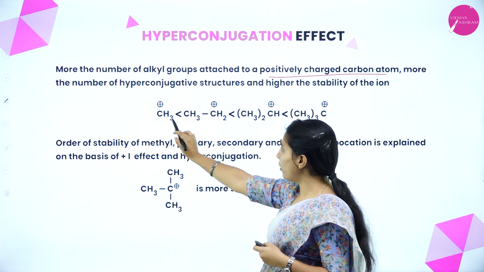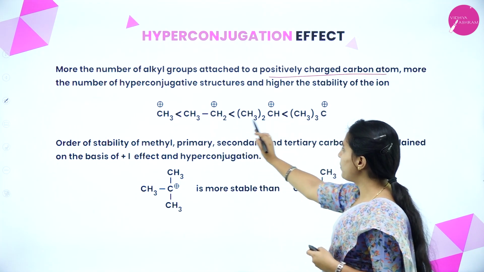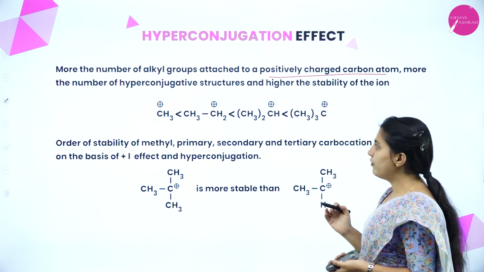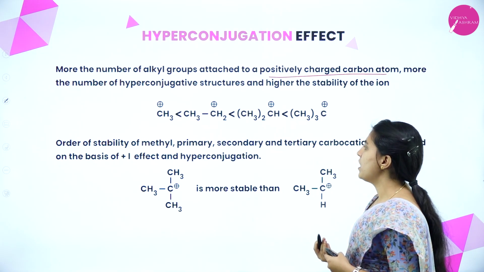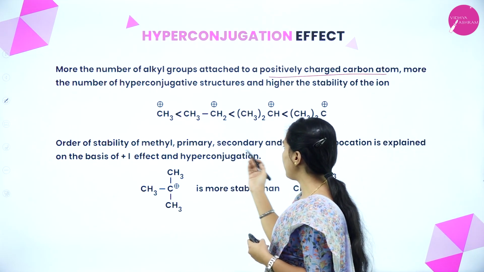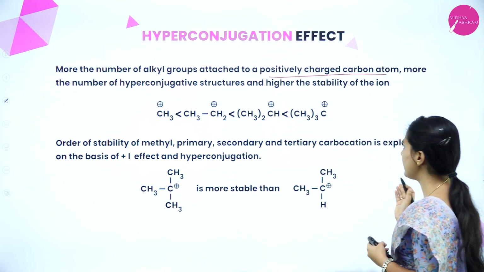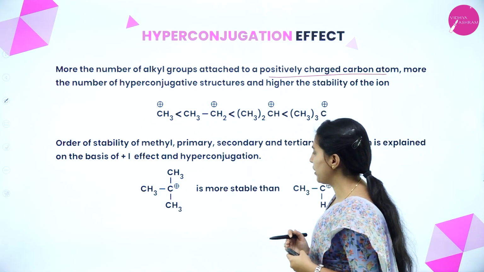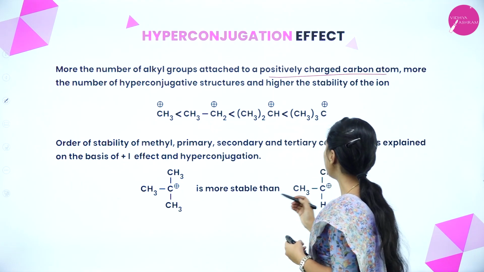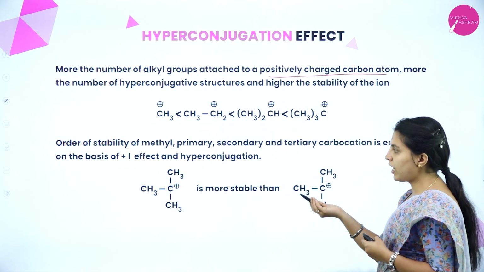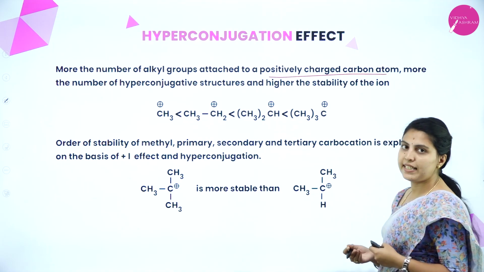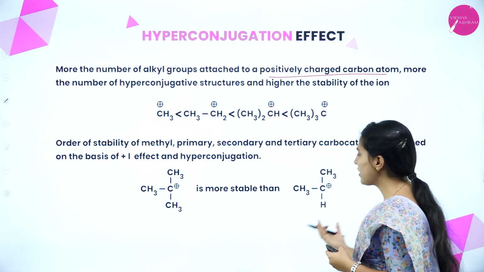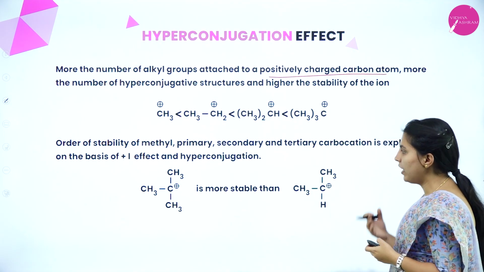So the more alkyl groups attached, the more the hyperconjugative structures, and obviously stability will be more. So the order of stability of methyl, primary, secondary and tertiary carbocation is explained on the basis of plus I and hyperconjugation. Tertiary carbocation is more stable than secondary because more hyperconjugative structures are there, and here fewer hyperconjugative structures are there.